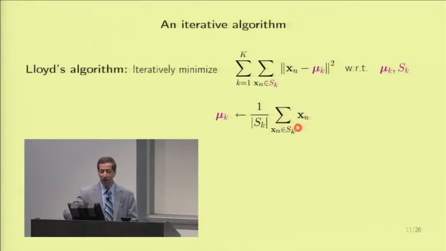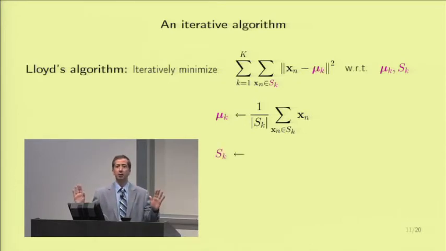So if I do that, I know that this is a good representative if this were the real cluster. Okay? So that's the first step. So now I have new mu k's. Now you freeze the mu k's, and you completely forget about the clustering you had before. Now you are creating new clusters, and the idea is the following.